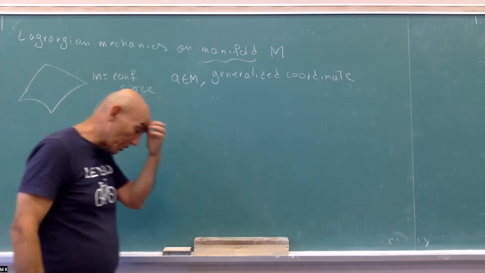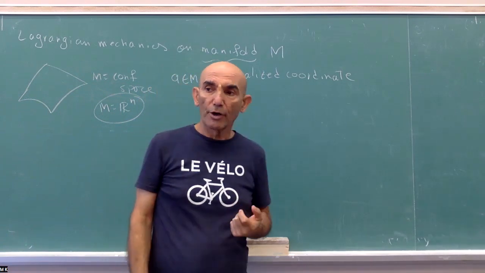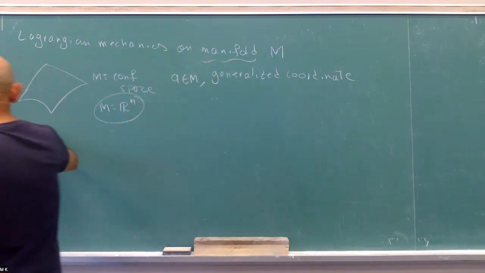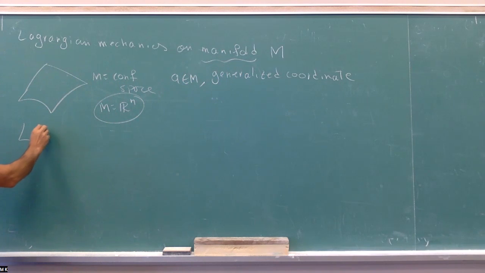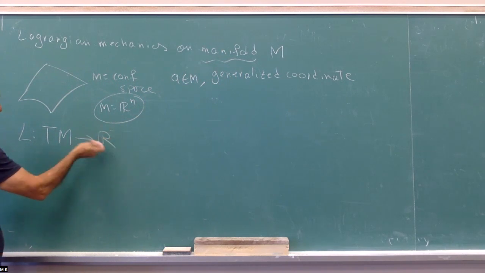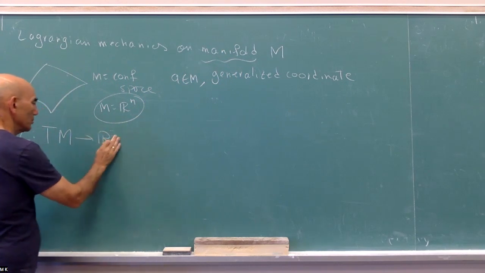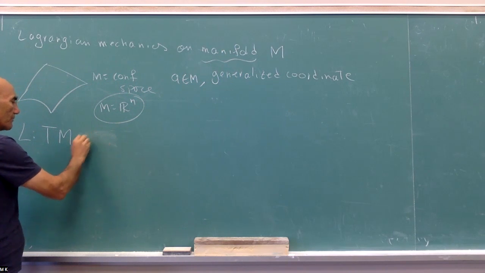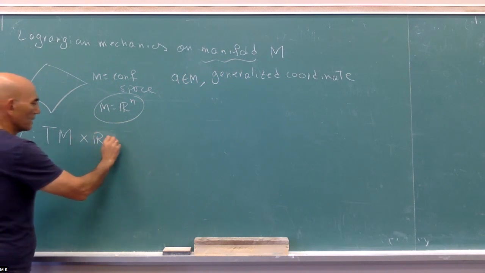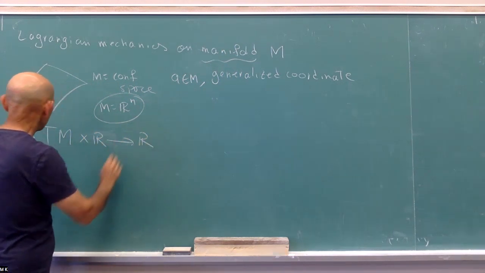So what is the Lagrangian? The Lagrangian is a function from the tangent space of M, the tangent bundle of M, to R. This is the Lagrangian. I mean, you can even allow yourself some time coordinate.